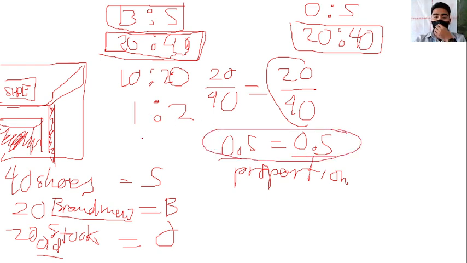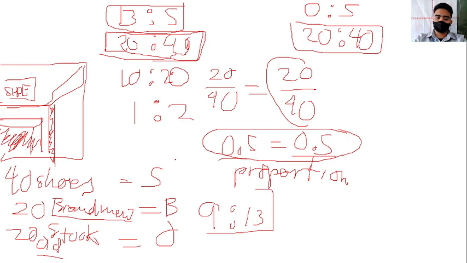What if, this is a quick example, I think you are getting it now, what if you have the ratio of 9 is to 13?